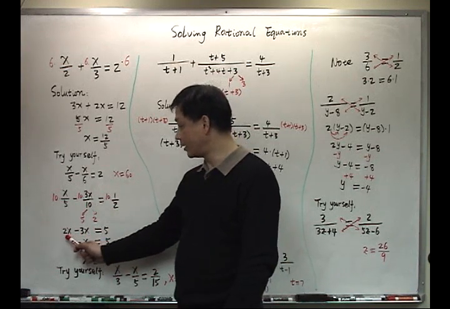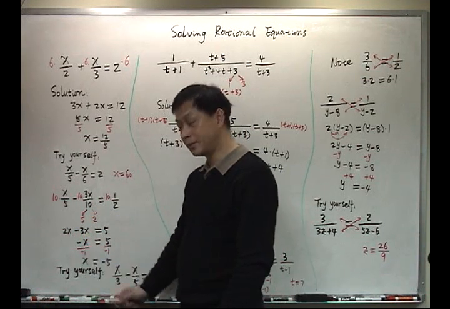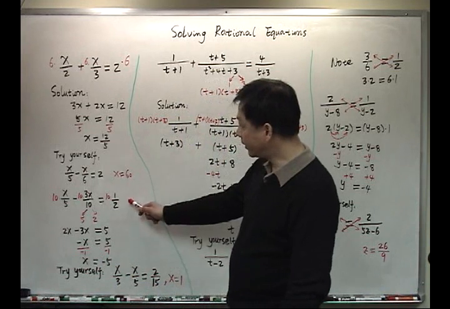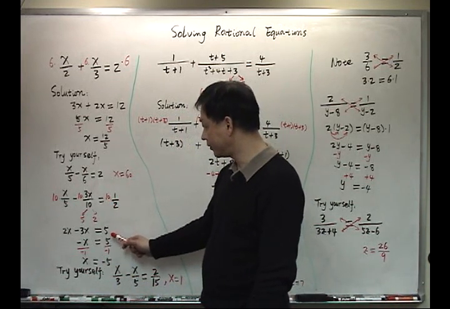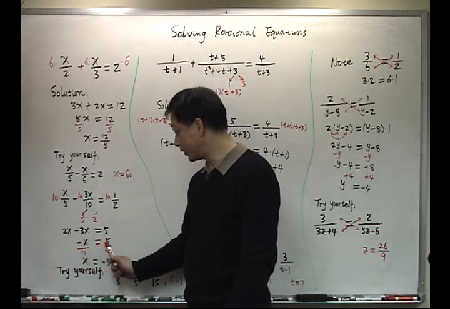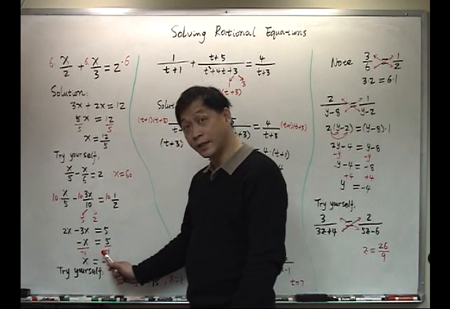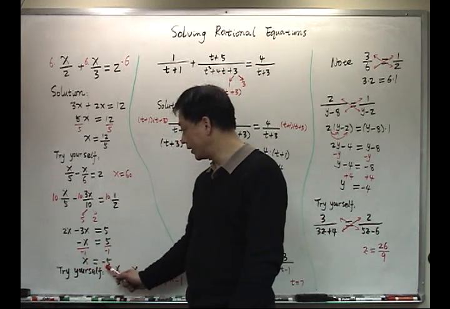So the left-hand side is 2x minus 3x, which is negative x. The right-hand side is 10 times 1/2, which is 5. So finally, we have negative x equals 5, divided by negative 1 on both sides. X equals negative 5.